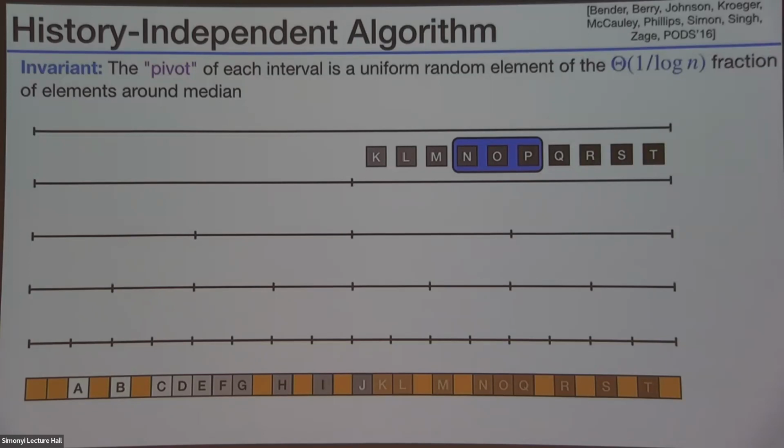I would have thought to do something like pick something to be the pivot proportional to its distance from. Maybe that would also work. Yeah, that would still be history independent.